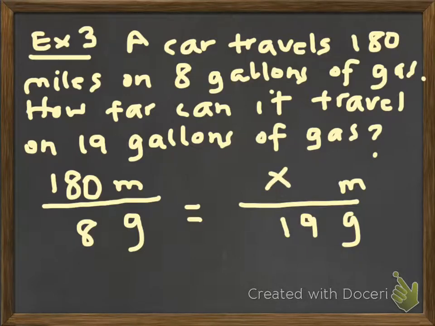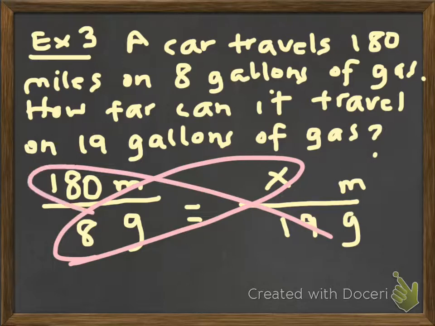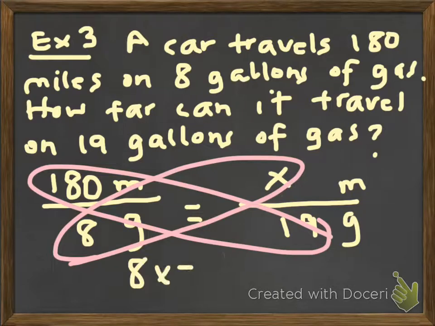You're going to cross multiply like you did with the other problems. So 8 times x and 19 times 180. So we have 8x equals 19 times 180 is 30,420.